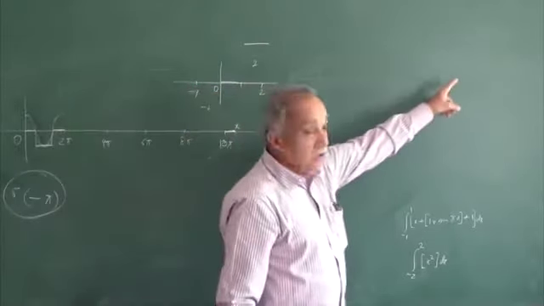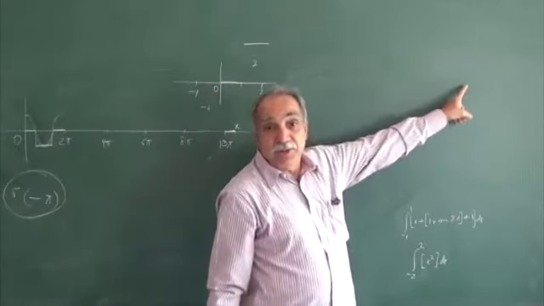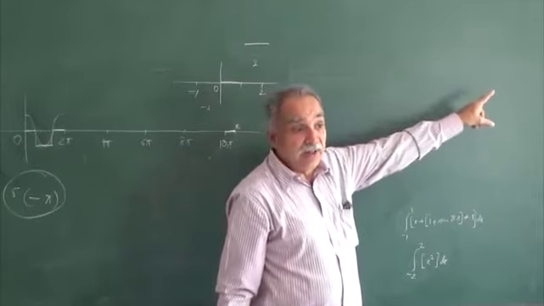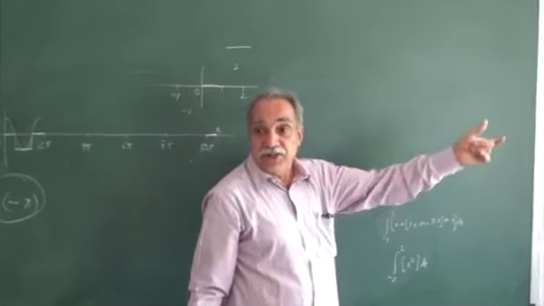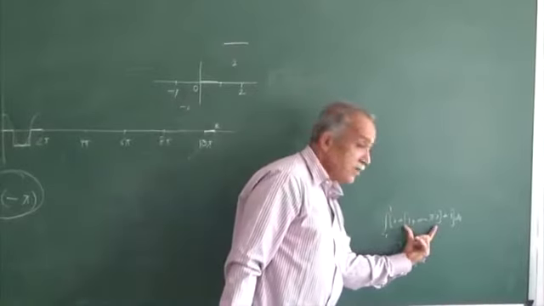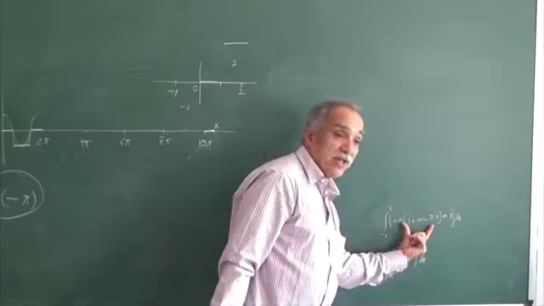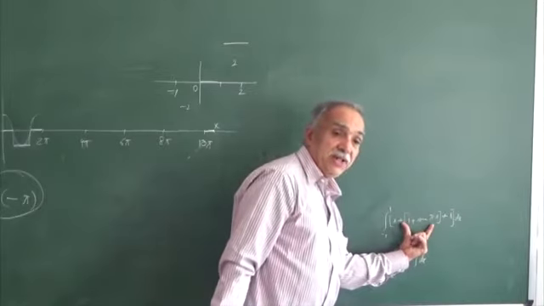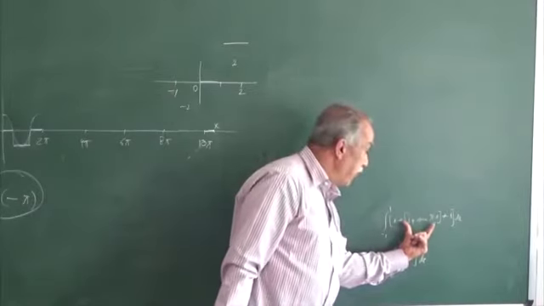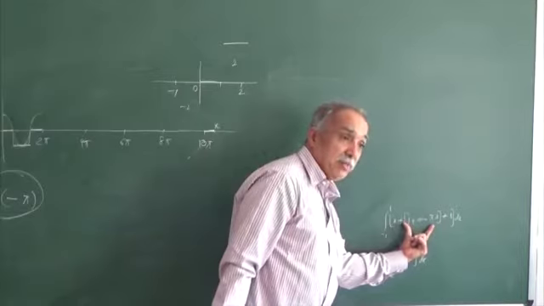Again, I will be using this property, integer part of x plus n equals integer part of x plus n, for every integer n. Here, 1 plus sin pi x: therefore, integer part of 1 plus sin pi x will be 1 plus integer part of sin pi x.